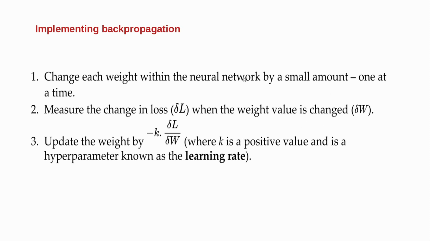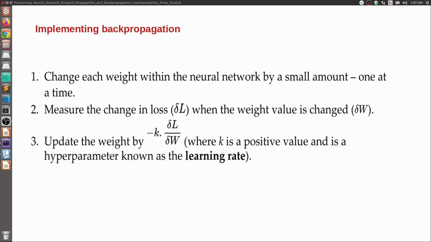That is, we change the weights and then measure the loss, and then update the weight by this factor, minus k times del L by del W, where k is a positive value and is a hyperparameter known as learning rate, and del L and del W are the change in loss and change in weight respectively.